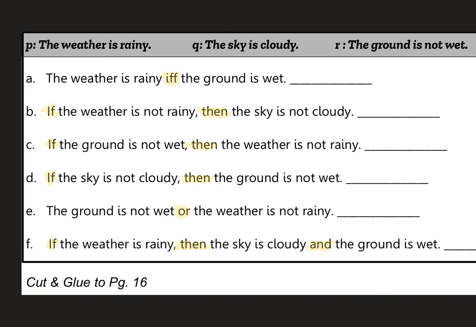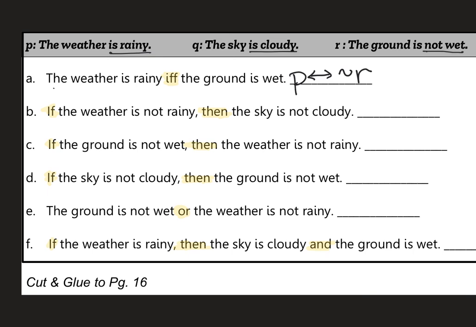We have statement P, the weather is rainy. Statement Q, the sky is cloudy. And statement R, the ground is not wet. The weather is rainy, so we have P, if and only if the ground is wet. The opposite of not wet is wet.